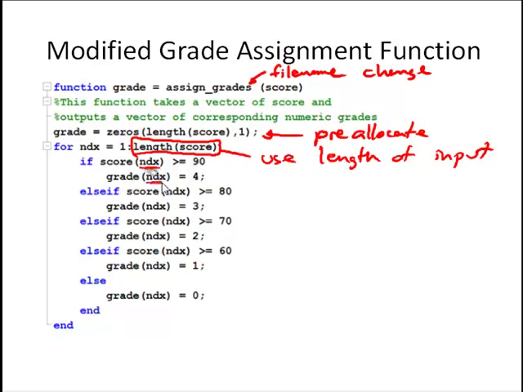So I'm using the index counter from the for loop to work one element at a time. So this is now a scalar. This is the single element of score. So this is a scalar that we're using in the if block.